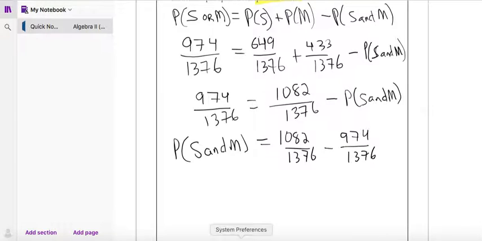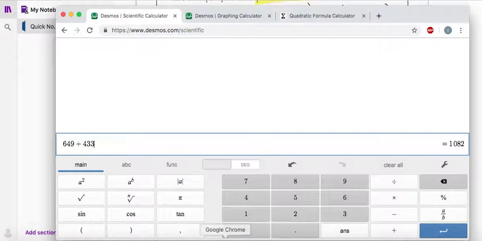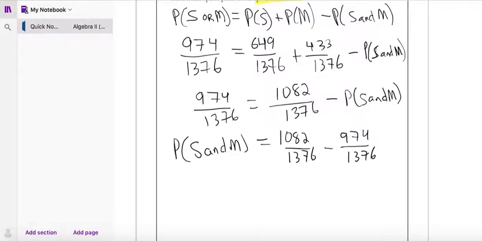And all I need to do is subtract 1082 minus 974, and I get 108. So the probability that the person will be in both sports and music, that's the intersection, is 108 over 1376.